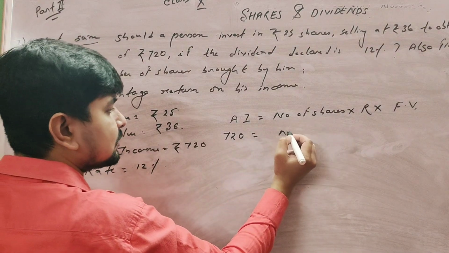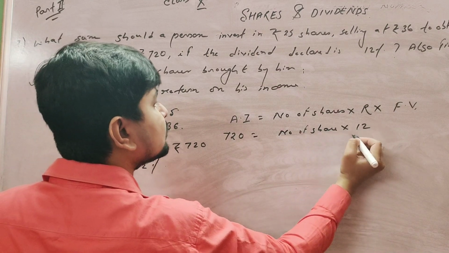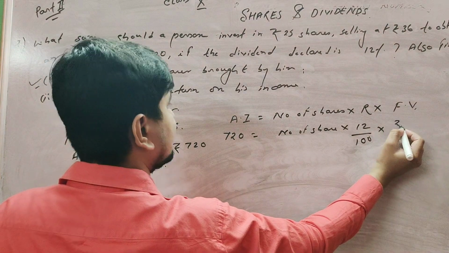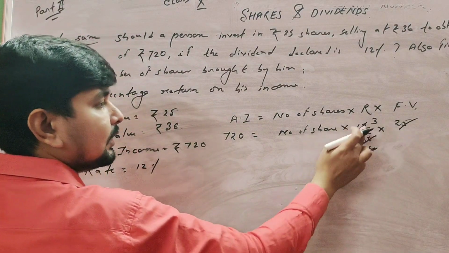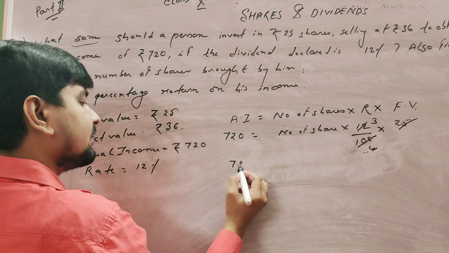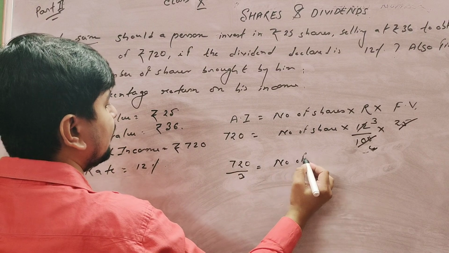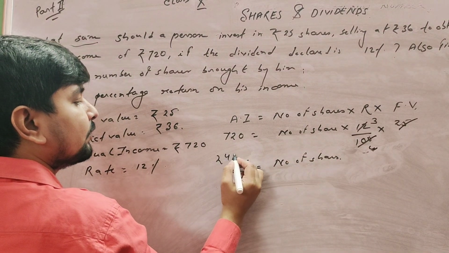Number of shares we don't know because it is not given in the question. Rate is 12% and the face value is 25. So 25 fours are 100, 12 times 25 by 100 is 3. This 3 comes this side, that means 720 upon 3 equals the number of shares. So our number of shares is 240.